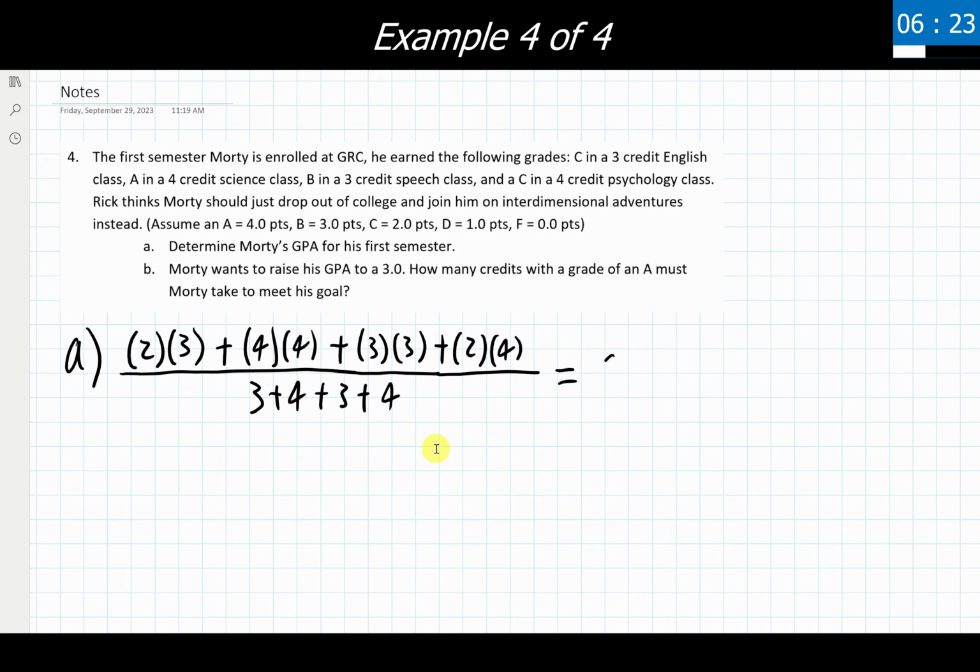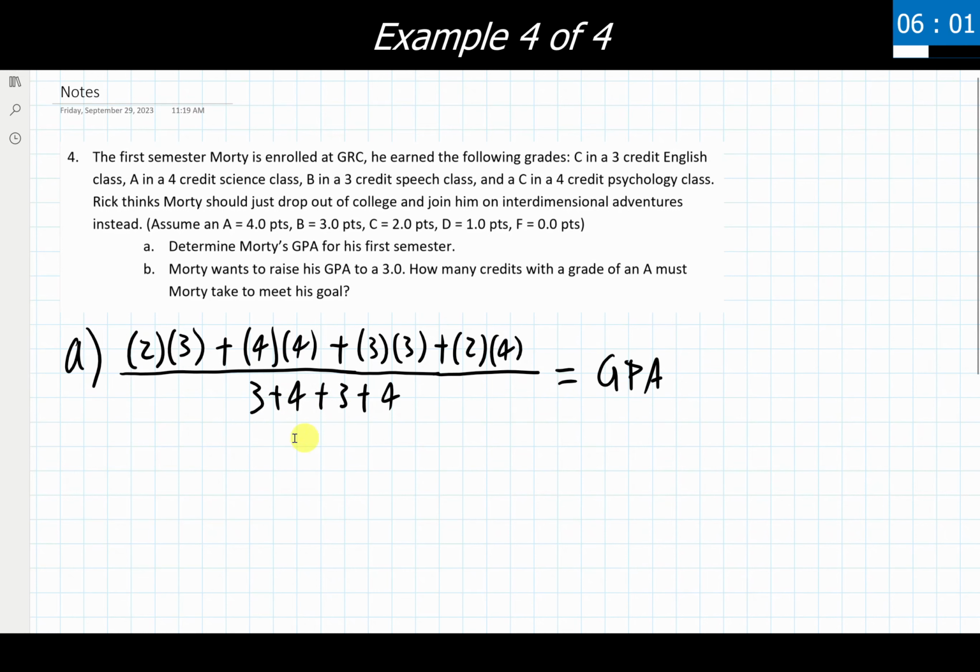We don't have any way of just guessing at these things and randomly giving it this number of credits or that number of credits, because if we do that, we're going to get wrong answers. And now we have our entire setup, and this total, once we've simplified the numerator and simplified the denominator, is going to give us our GPA.